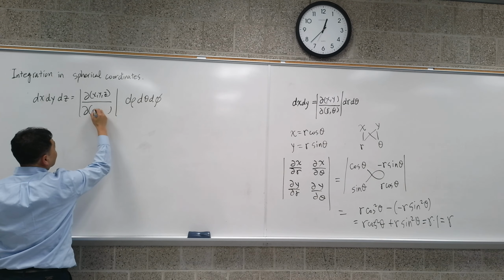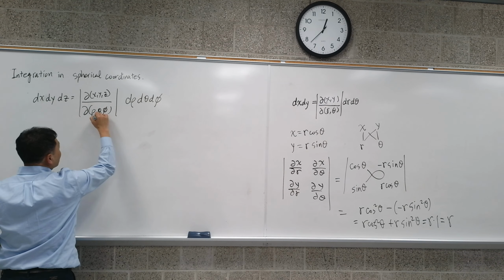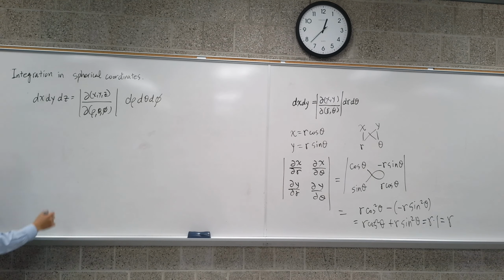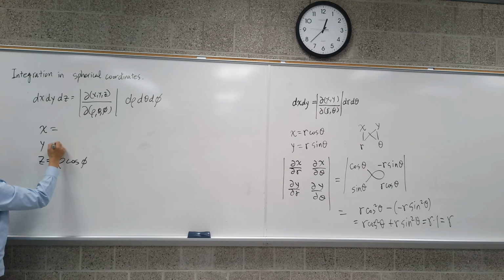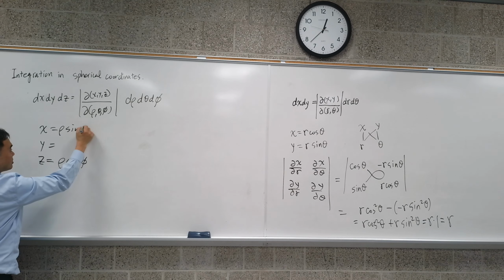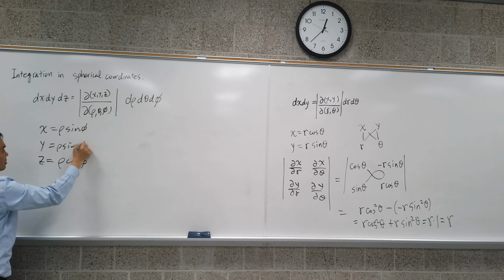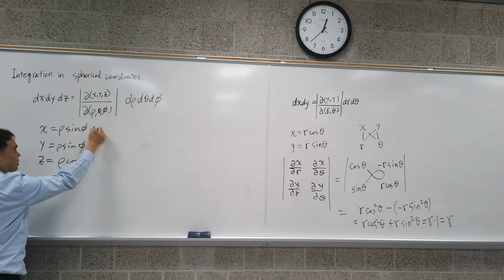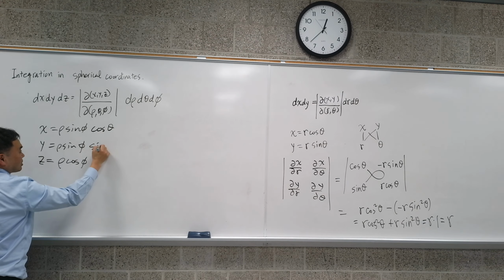But that's going to be pretty painful because now you have to do x, y, z. Remember, z was rho cosine phi, and x and y were rho sine phi, but this is really r, so it's r cosine theta, r sine theta.